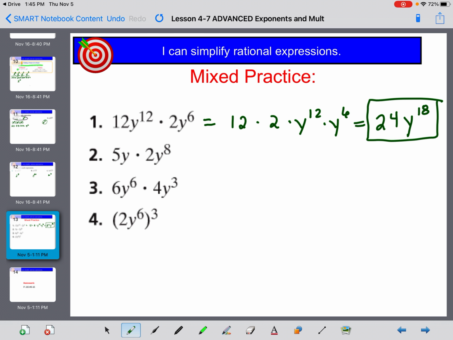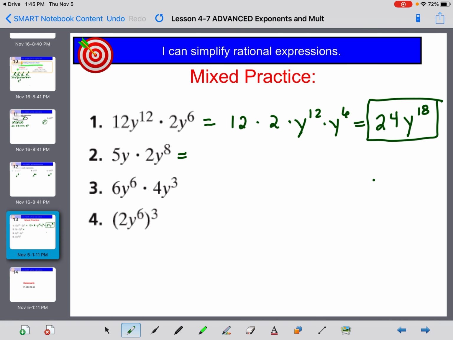All right, the first one. I'm going to use the commutative property to rearrange the numbers and just multiply the coefficients together and then multiply my variables together. When I have 2 numbers with the same base, I add the exponents.